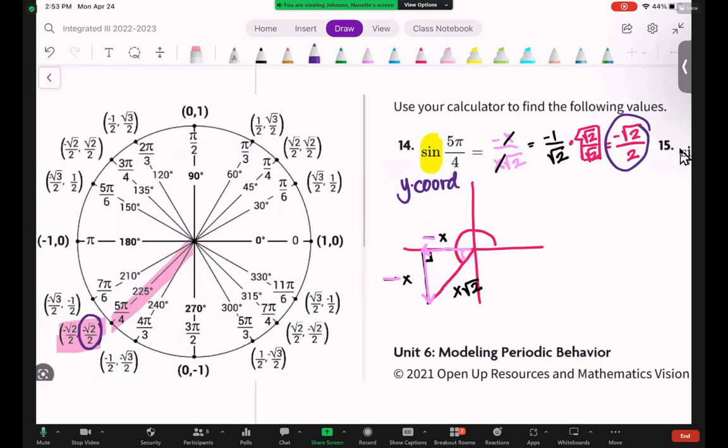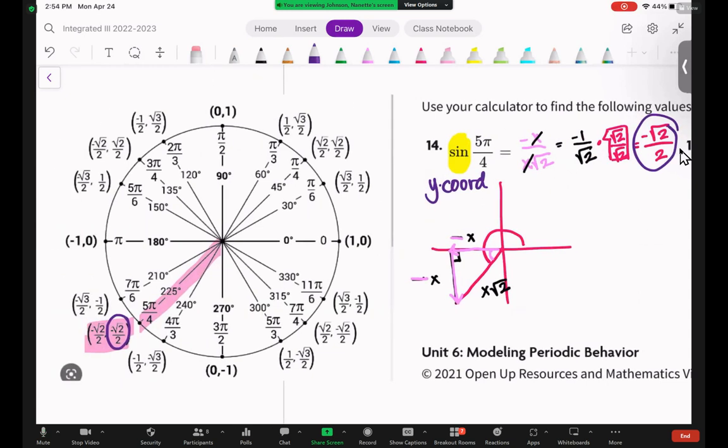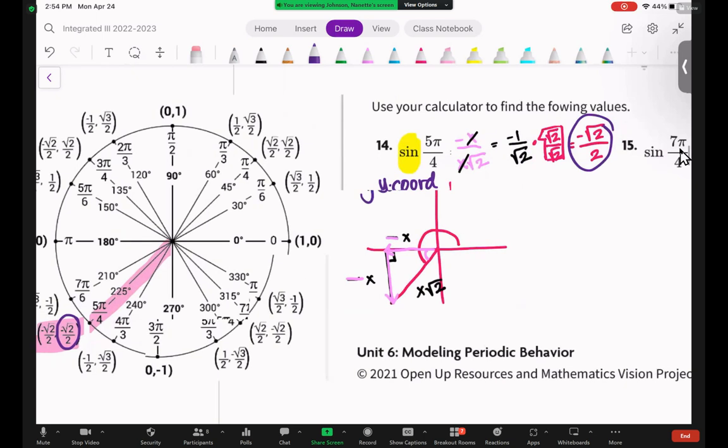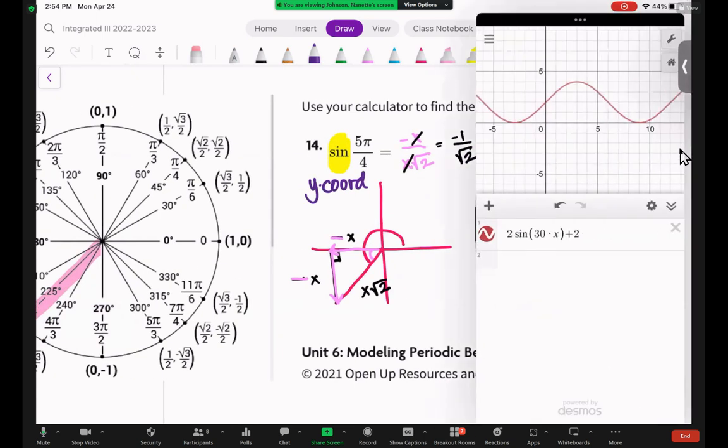So the steps again: find the angle, look at the coordinates, and decide whether you're going to be using cosine, which is the x coordinate, or sine, which is the y coordinate. Okay. Your last little way of doing it is by just plugging in.